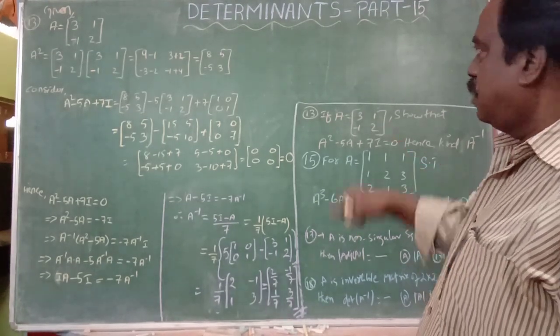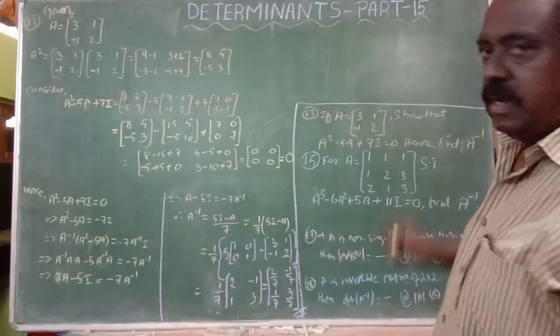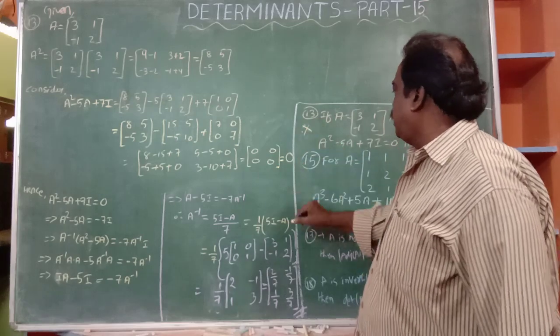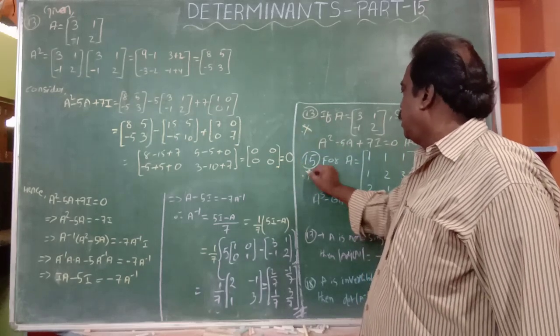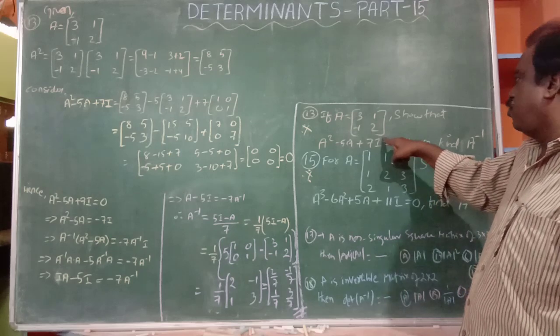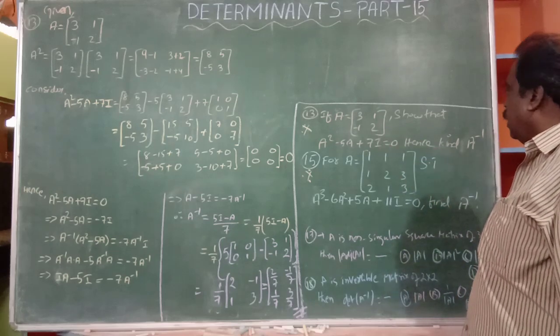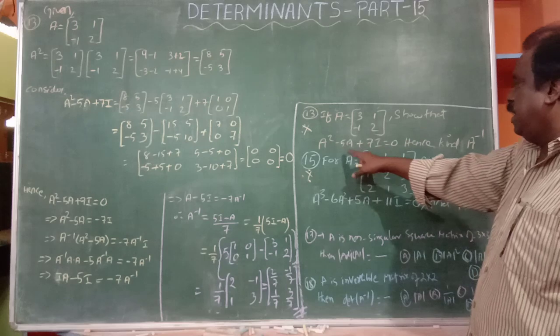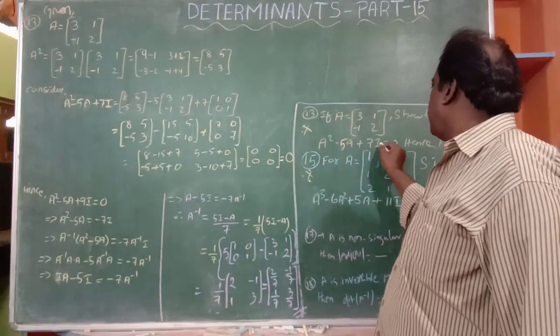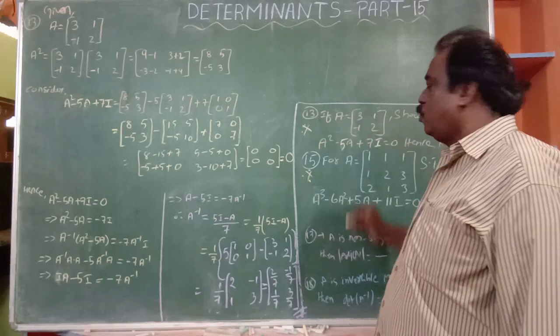The 13th problem is a dated problem. We are given a matrix A, and we show that A square minus 5A plus 7I is equal to 0.